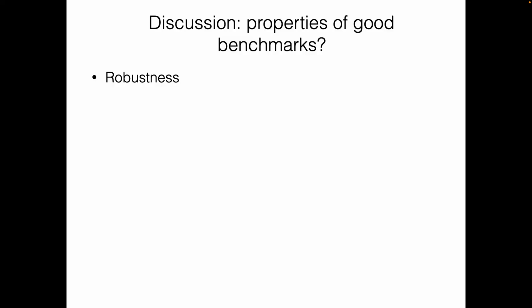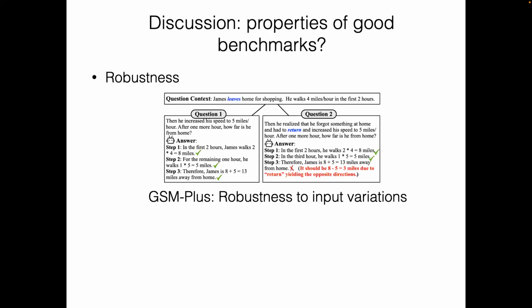Okay, great. So some other things to consider. Another one is robustness. I'm not going to go too far into definitions of robustness, but some examples have come up. You could think of the data set as there being some distribution of problems, let's say math word problems.